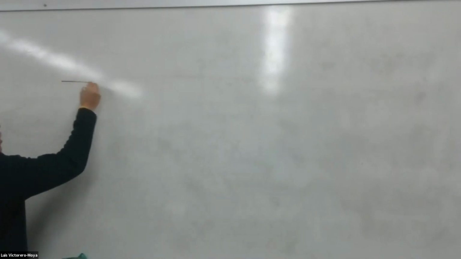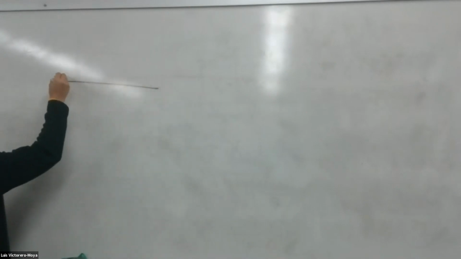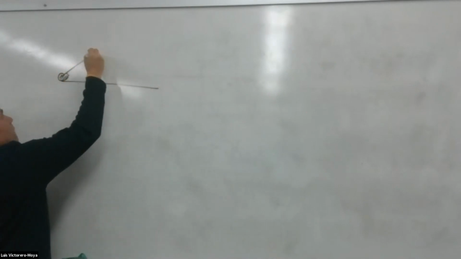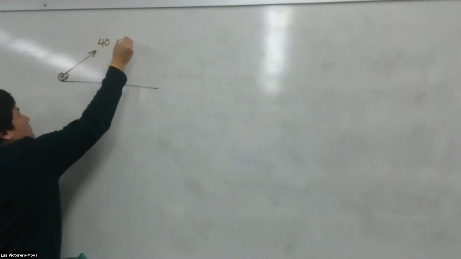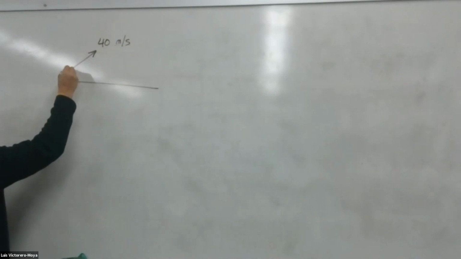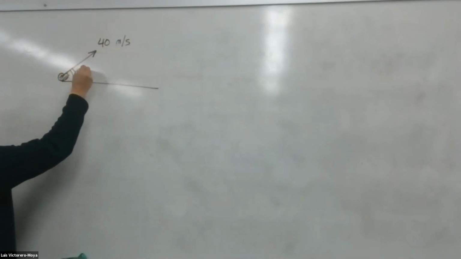I'm gonna give you a particle object that is being launched with 40 meters per second at an angle of, I'm gonna use 37. I wanna introduce you guys to the 3, 4, 5 triangle right now.